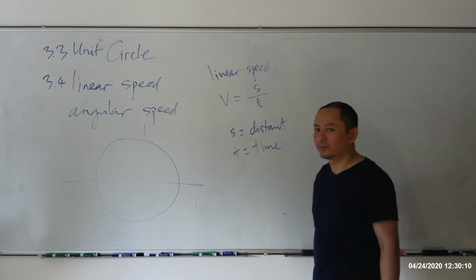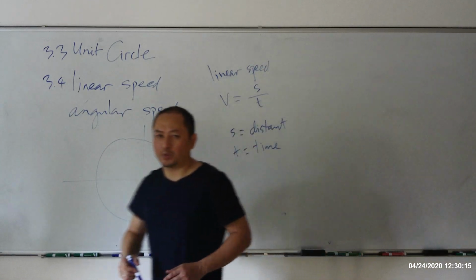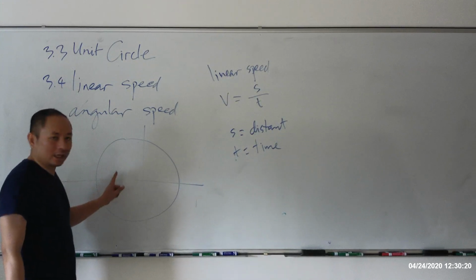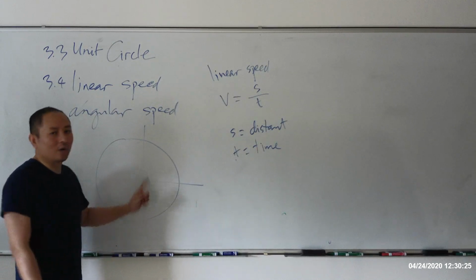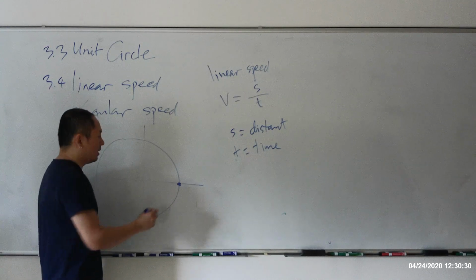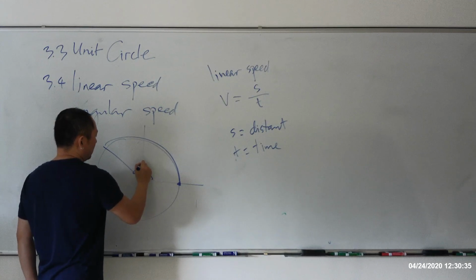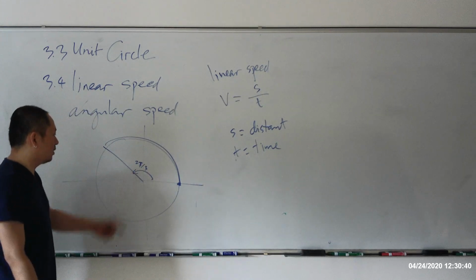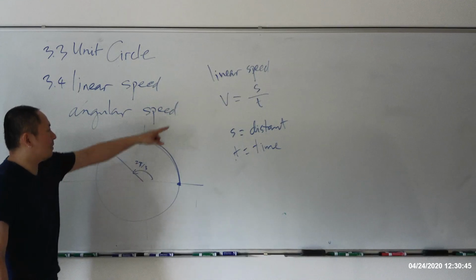How fast you drive. Now, what is angular speed? Angular speed is talking about how fast you're rotating. Instead of distance over time, now you talk about the angle over time. Say you start right here and travel an angle of 120 degrees, which is 2 pi over 3. In 5 seconds, what is your angular speed? Same idea as the linear speed.